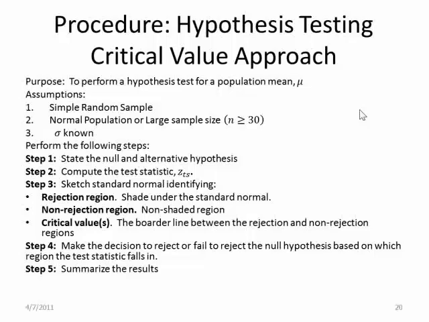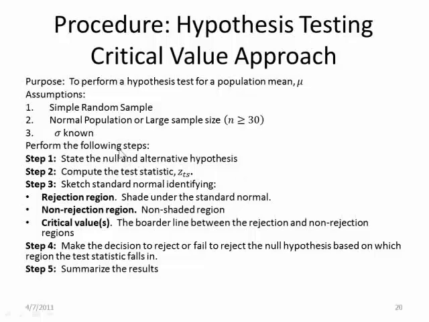And sigma known. Again, in practice, we never know sigma, but as long as the sample size is large, we can use S, the sample standard deviation. Because again, don't forget we have the central limit theorem that also drives a lot of this.